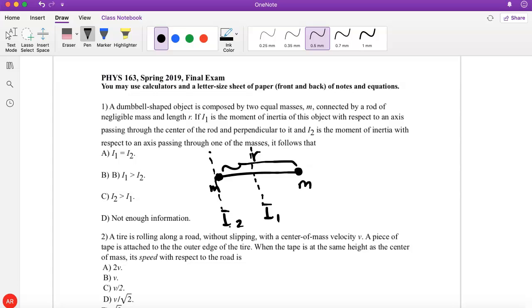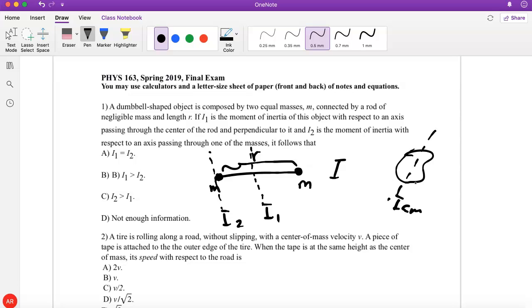Which of the statements is correct? A, B, C, or D? Sorry, there are two B's here. All right, so it's a question related to the parallel axis theorem, right? Remember, we had I around an axis that's a distance D from an axis going through the center of mass.